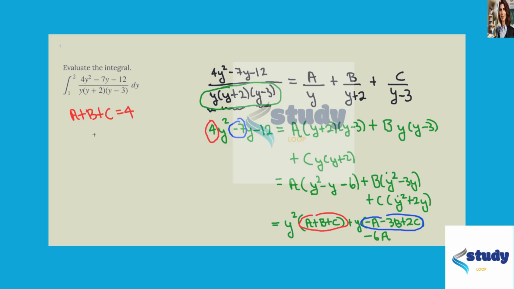That gives us our second equation, minus A minus 3B plus 2C equals minus 7. And then the constant term on the left was minus 12, whereas on the right it was minus 6A. Those are our 3 equations.